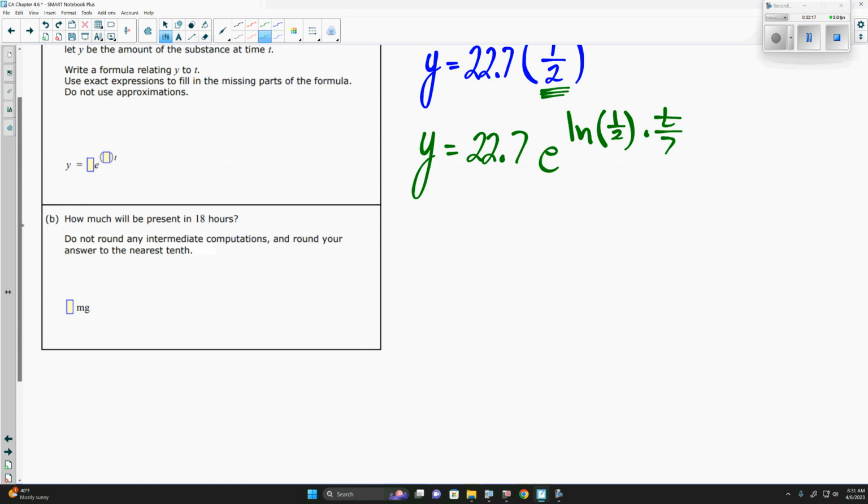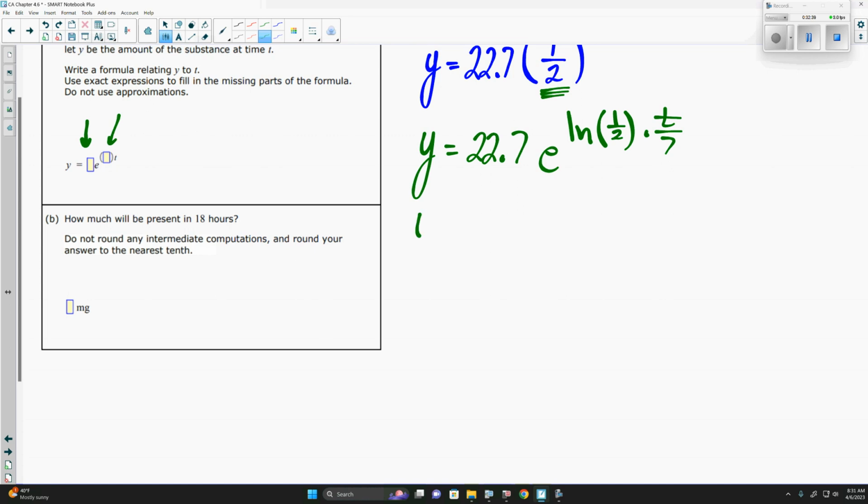Now, if you notice in the answer choices that they gave you, we had 2 spots to plug stuff in. One of them is going to be our 22.7. So the 22.7 will go in front of e. Now, there's another spot, and the t is by itself. So we can't just plug it in as the natural log of 1/2 times t over 7.